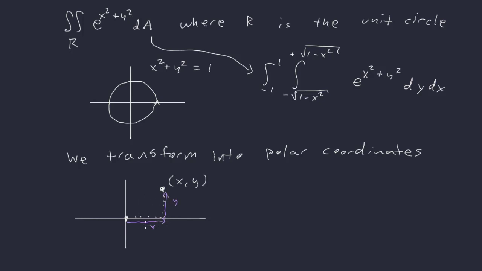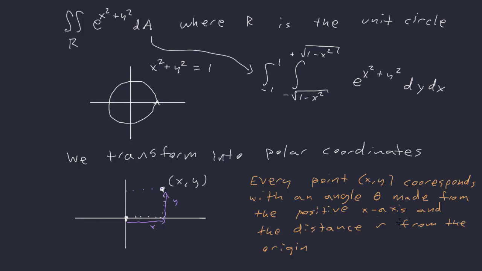These are often called rectangular coordinates because we're talking about them in terms of the rectangle that's made by x and y. Okay? However, each point also corresponds to an angle made with the positive x-axis.